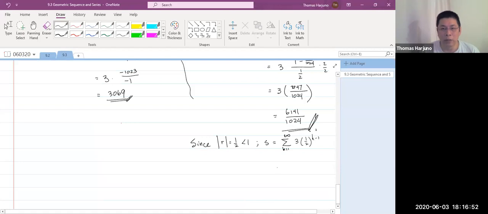That will equal the first term, which is 3, times 1 over 1 minus half. You see, that's eventually 6.